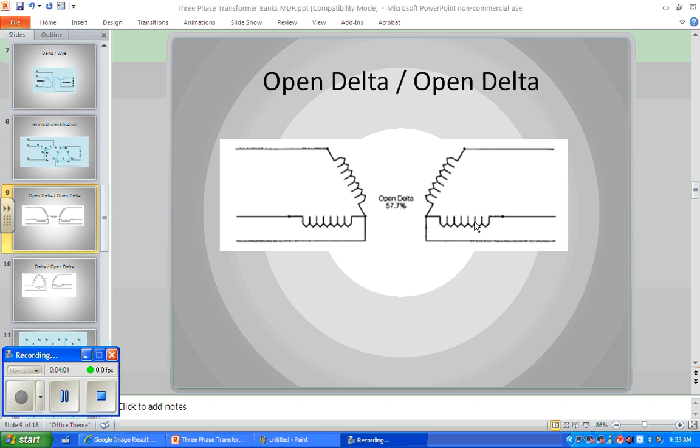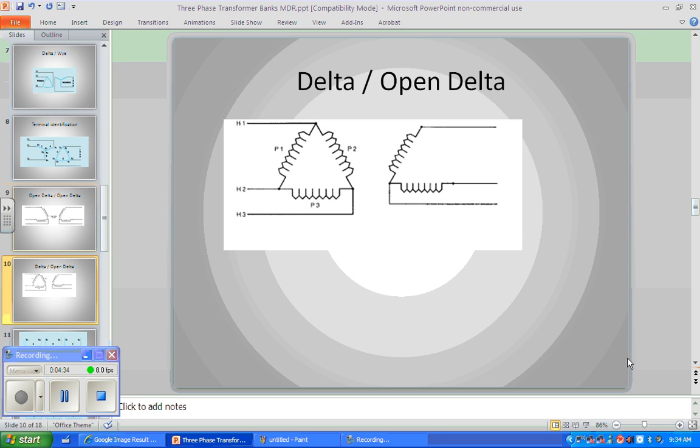And this could have been three single-phase transformers where one blew out coming in and one blew out going out. Or it could have been an original connection. Now, you know that an open delta is going to only supply 57.7% of the power that it would have as a three-phase closed delta. So you need to be able to look at those calculations and figure out what that means. Now, open delta is not a normal setup, to say the very least.